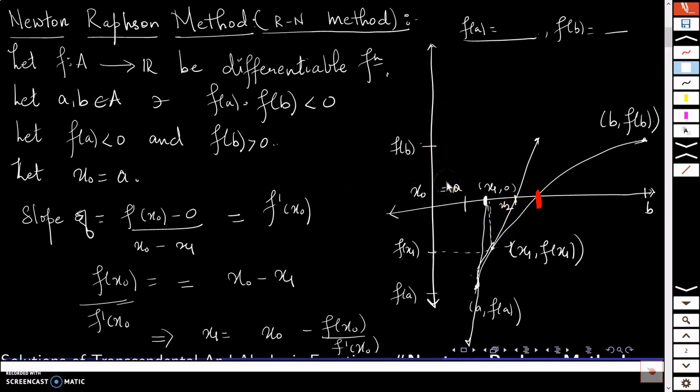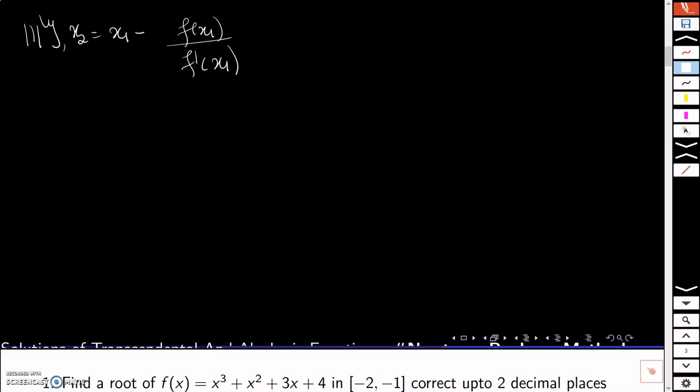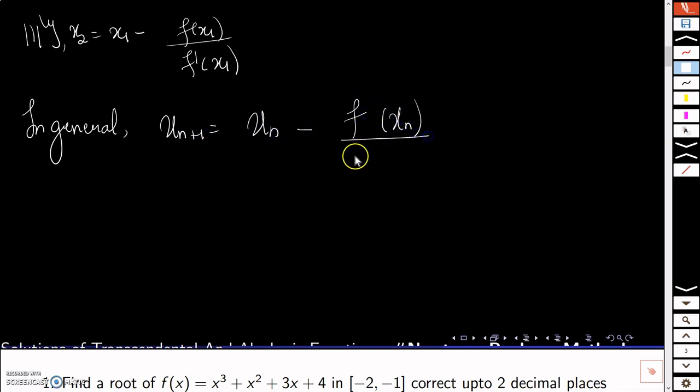So continuing in this manner, in general, I can write the n plus 1th approximate root as nth approximate root minus value of the function at the nth root upon the derivative of the function at the nth root.